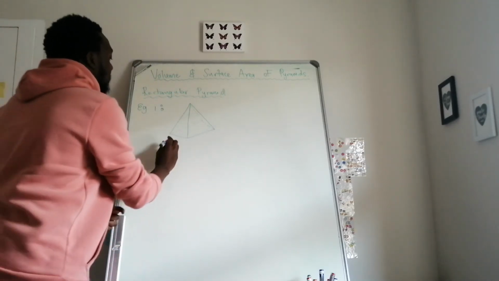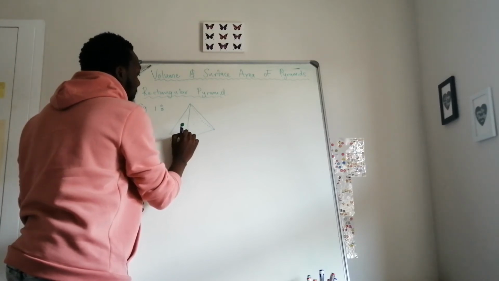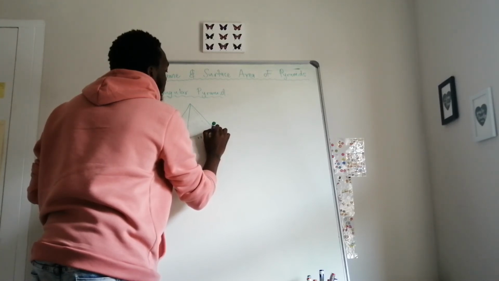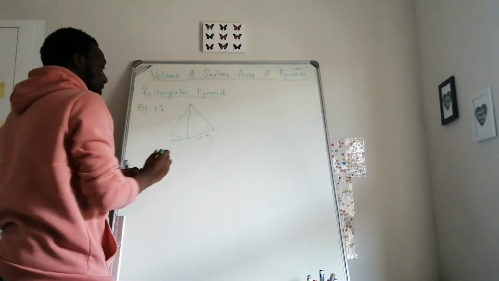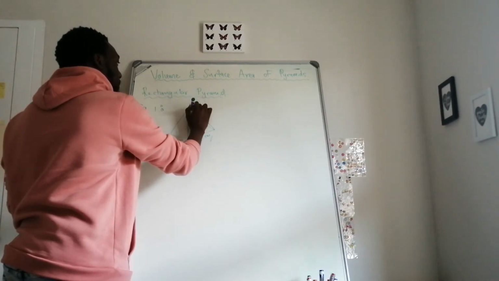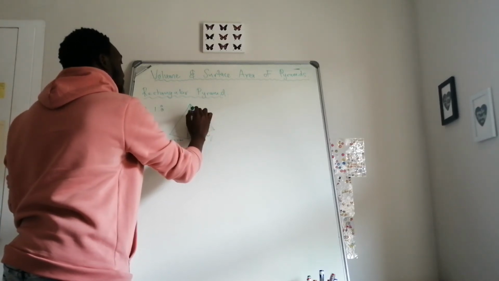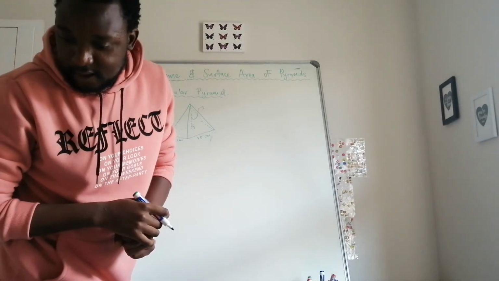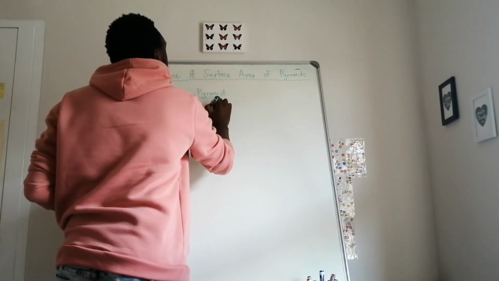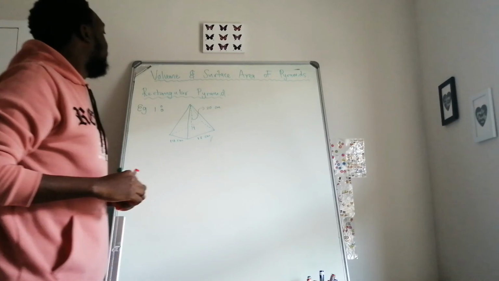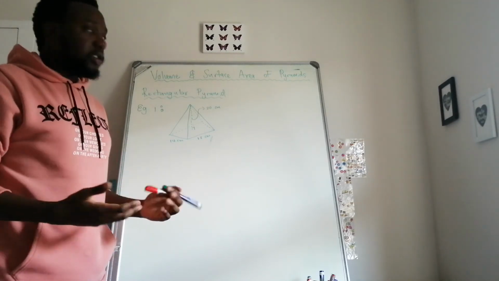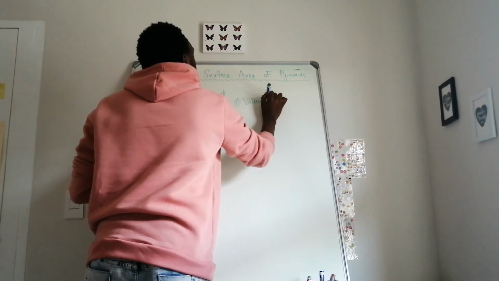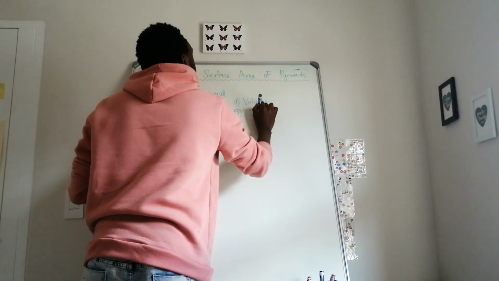Here we have 14 centimeters, here 16 centimeters, and the height of the pyramid is given by 20 centimeters. You're asked to find, number one, the volume, and number two, the surface area.